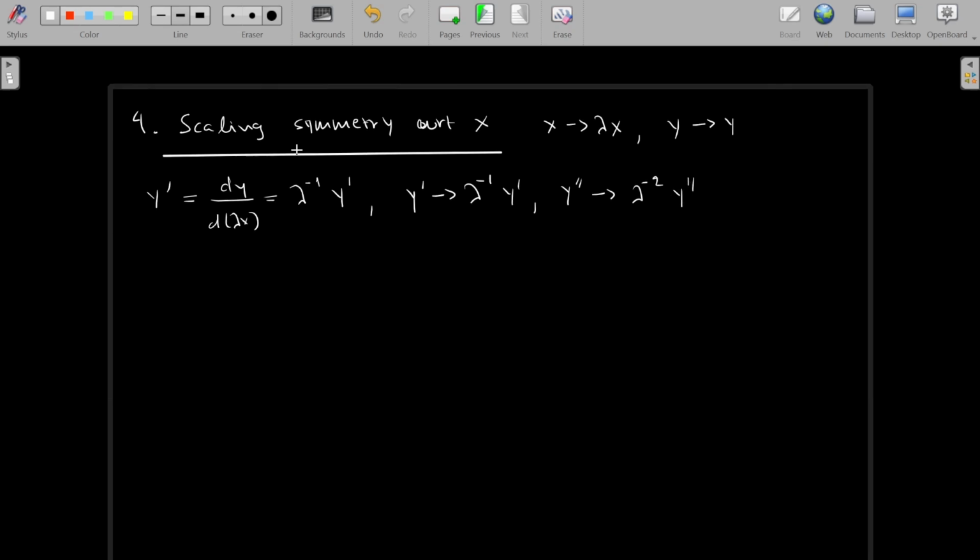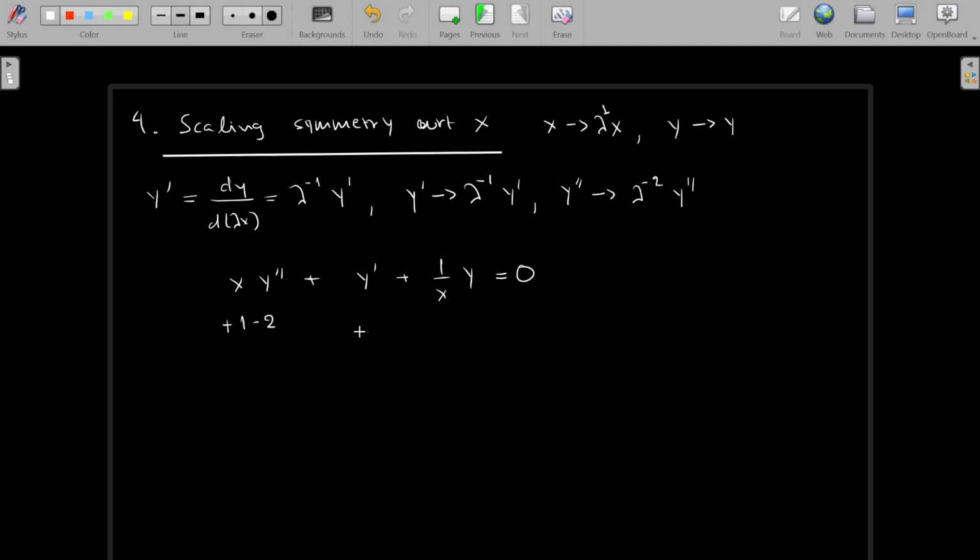So to check if a differential equation exhibits a scaling symmetry with respect to x, we go ahead and check its terms, right? To give you an example, let's say we have x y double prime plus y prime plus 1 over x y is equal to 0. Now this x gives you plus 1, this guy gives you minus 2, so from this term you get minus 1.